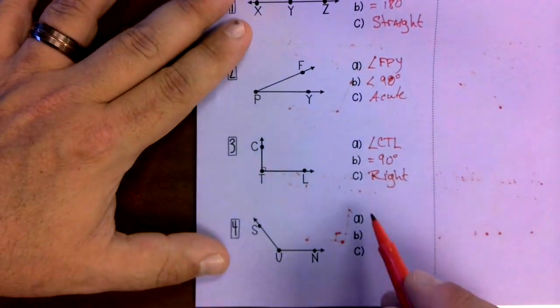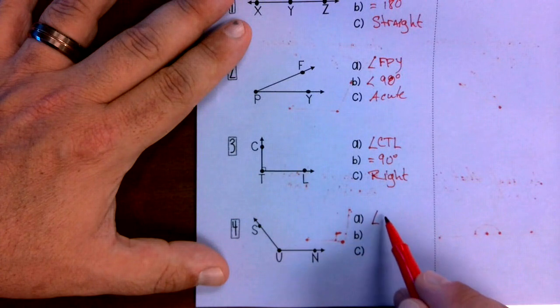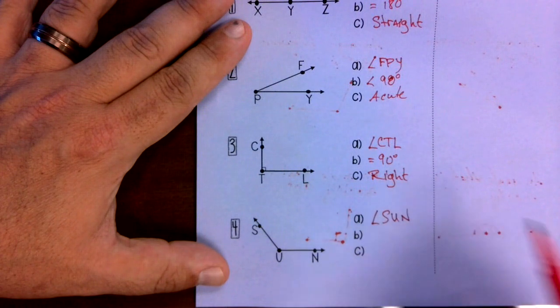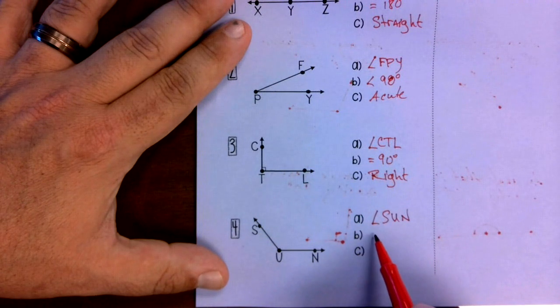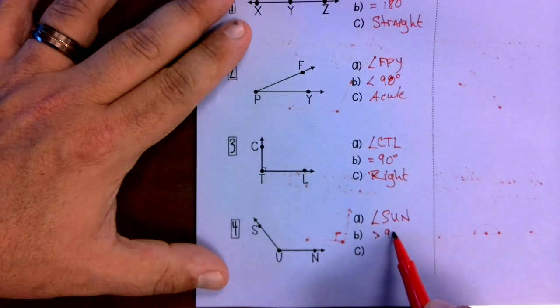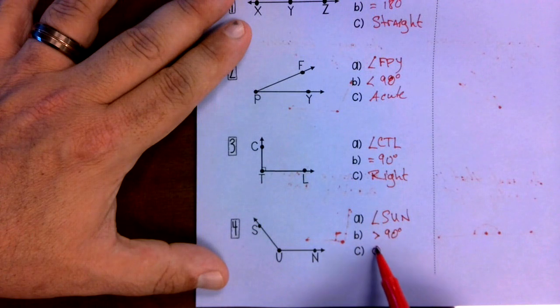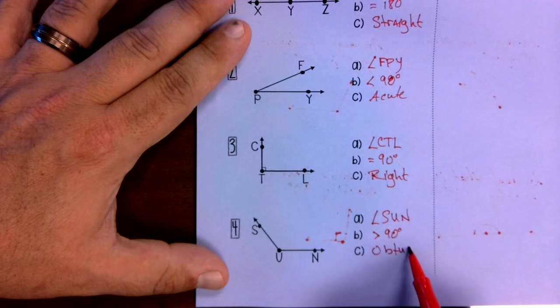Last one here, number 4, angle SUN. It's greater than 90 degrees, and that's obtuse.